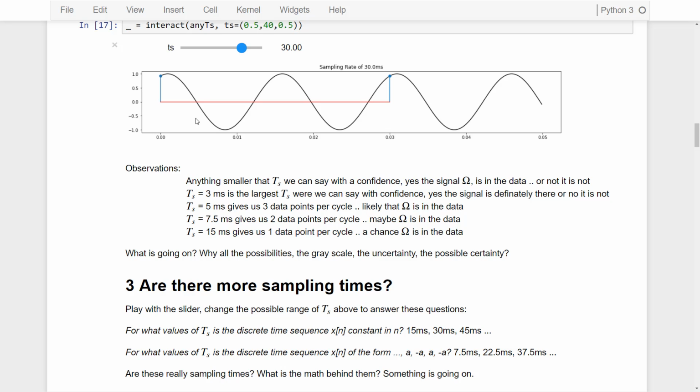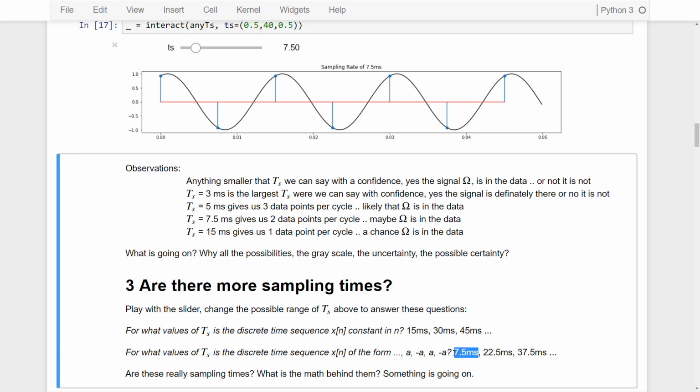What does matter is that the actual input, the actual microphone linear sensor, the transducer, is repeating itself. Here we see the 7.5 millisecond pattern repeating itself in that positive, negative pattern, and then we can move it up to 22.5, and we see it positive, negative, going on and on and on.